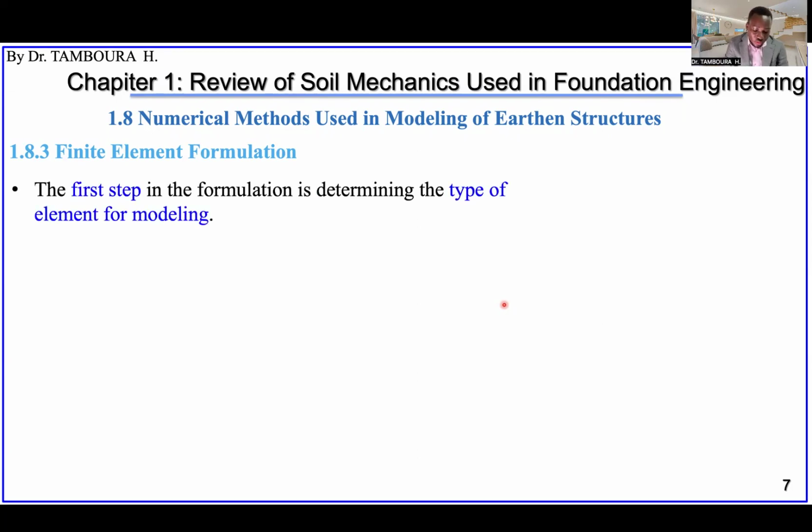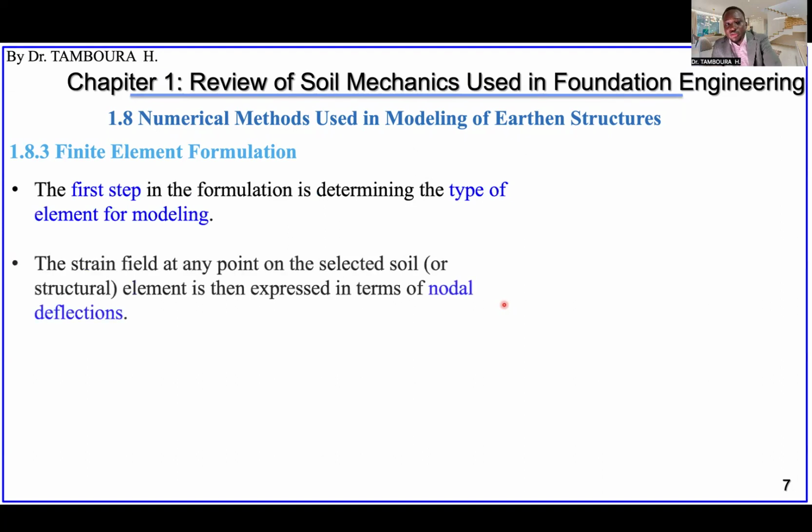You have to know that the first step in the formulation is to determine the type of element for modeling. For those who have used numerical modeling, they know that there are different types of elements to use. The strain field at any point of the selected soil element is then expressed as nodal deflection.